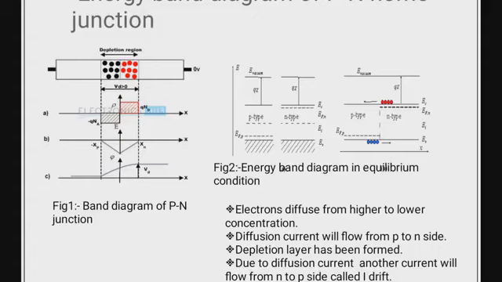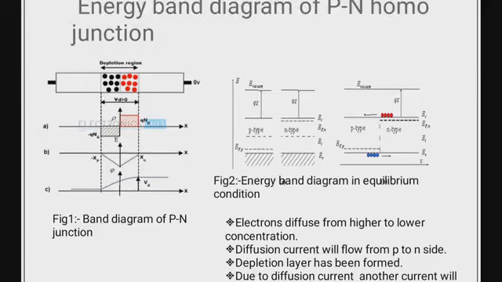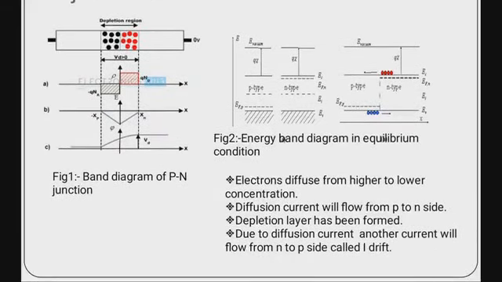Here V of x is nothing but minus the integral of E of x dx. So we can conclude that when the integral of E of x dx, which is adding the area of E of x, is negative, the potential V of x will be positive. Hence in this plot we have seen that it is increasing in the upward direction.